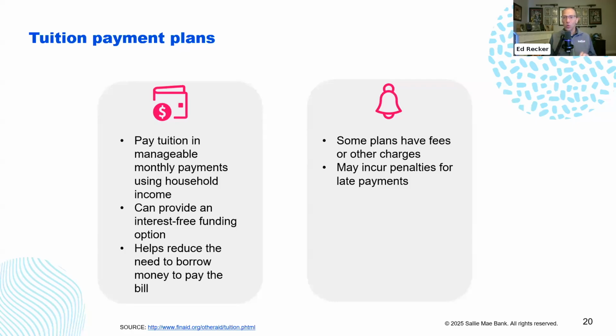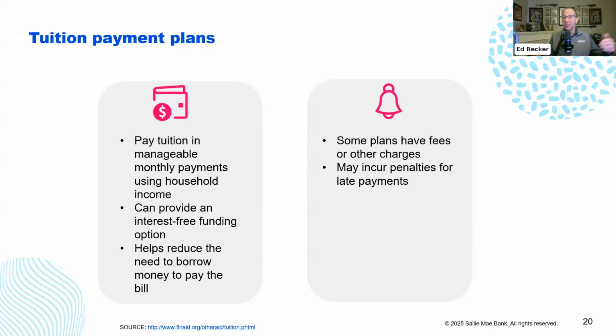So schools will often allow students and families to break up any remaining balance through a tuition payment plan. Now, this isn't necessarily a line of credit. This is just them saying, okay, we're going to calculate an estimated amount due, not only for the semester, although they could do a semester, but a lot of times for the entire academic year.